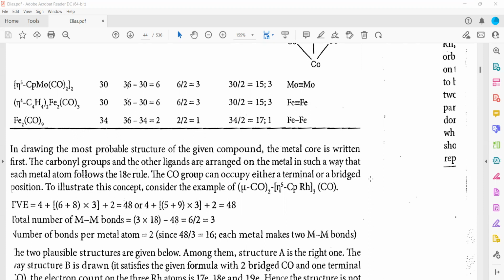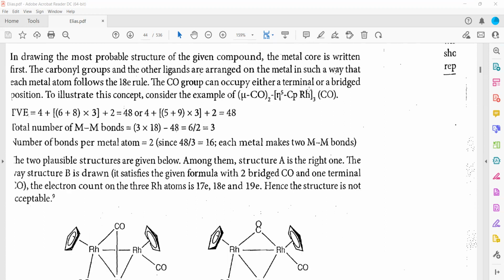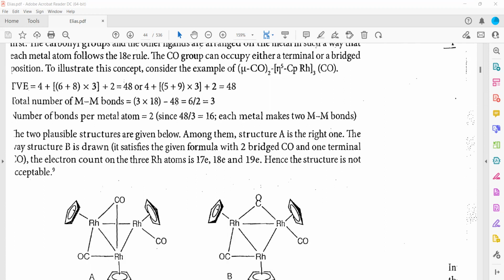Okay, so to illustrate, let us consider this complex. Actually we have already done all of these, but let us calculate again. So this is a rhodium complex.